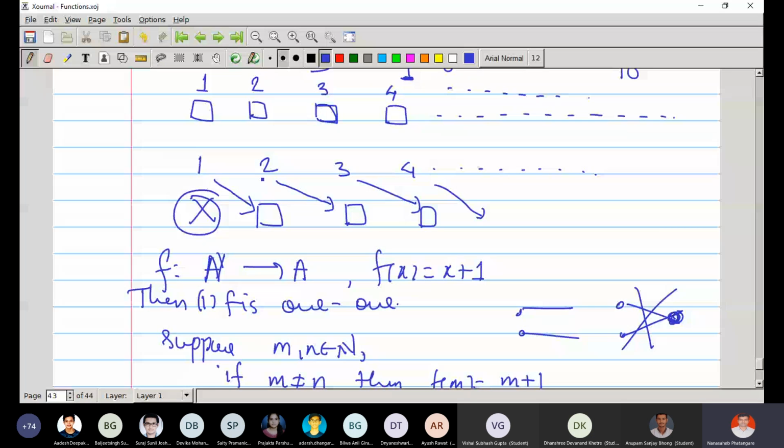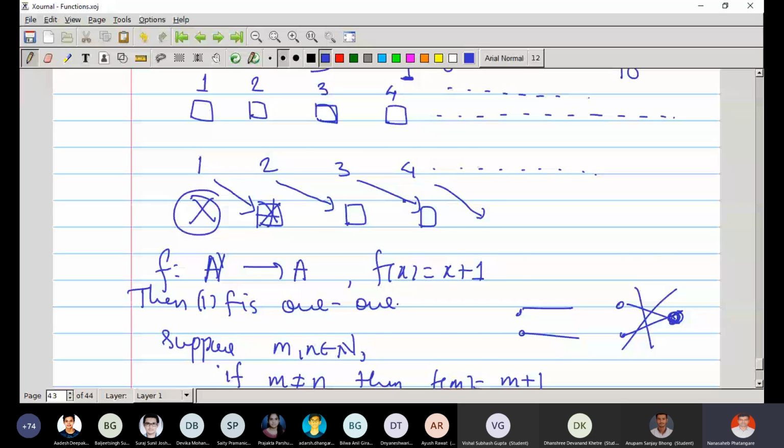Is it possible that everyone will get a chair? Yes, shift by two chairs. Somebody removes three chairs, then also it is possible, no problem. Shift by four chairs. This is something interesting that you should notice.